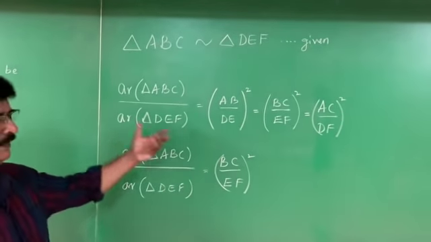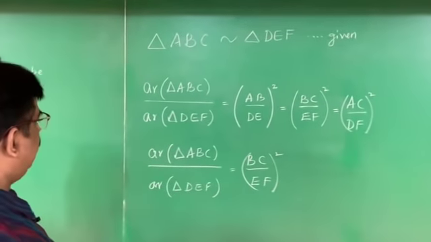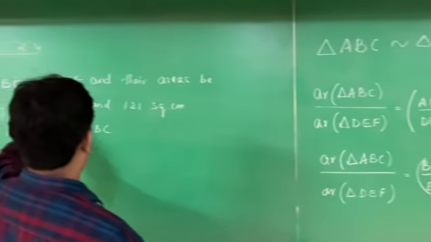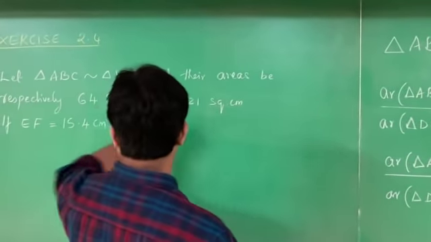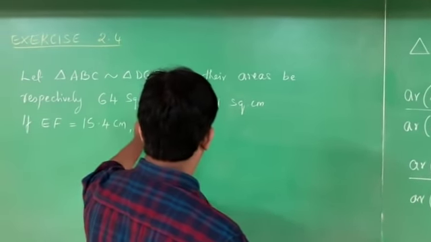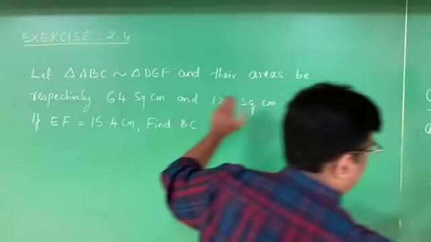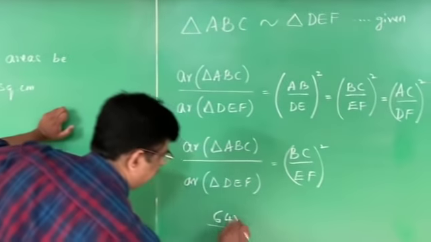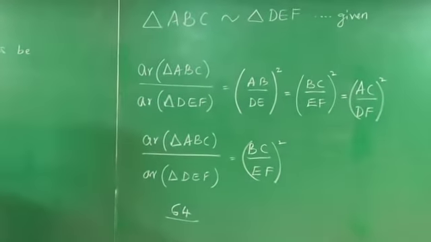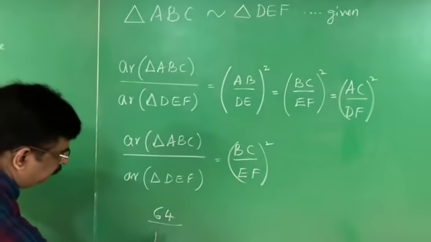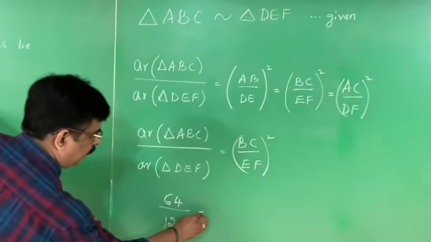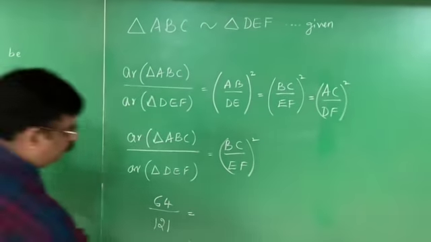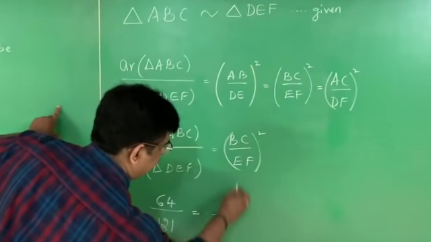Now we have to substitute the values given. Area of triangle ABC is 64, I write here. Area of triangle DEF is 121, equals BC by EF, where EF is 15.4, in the denominator.